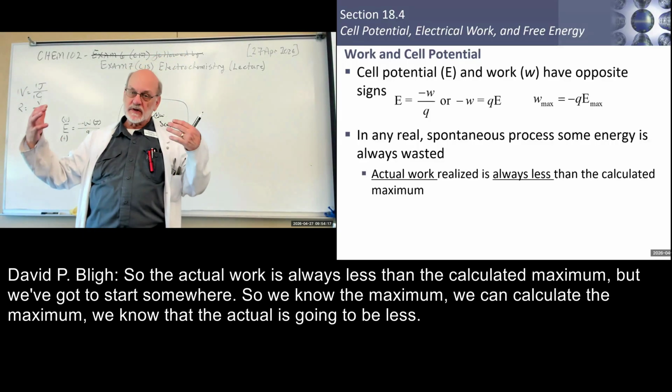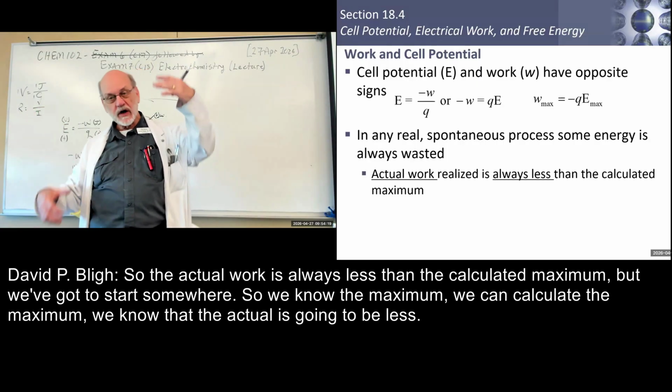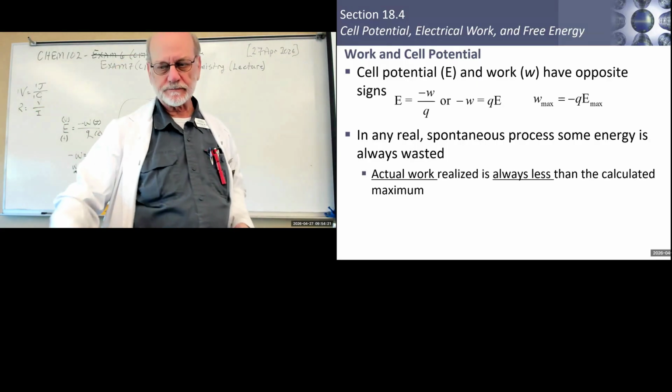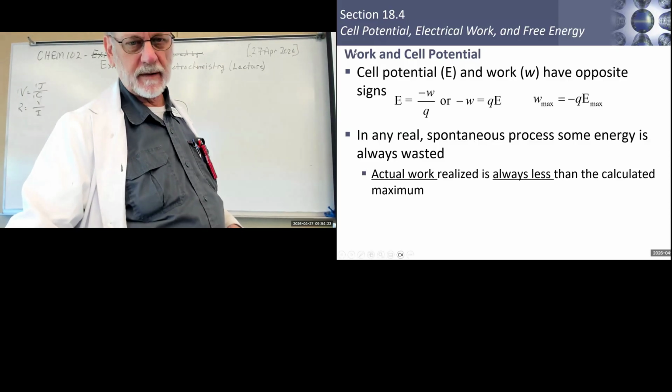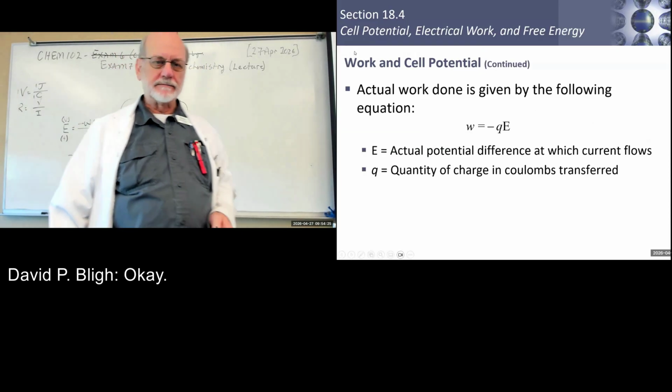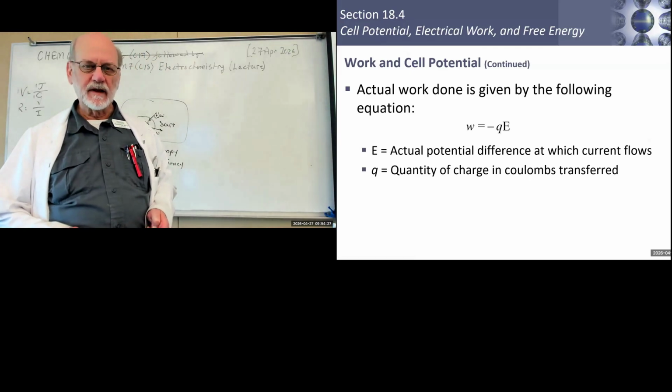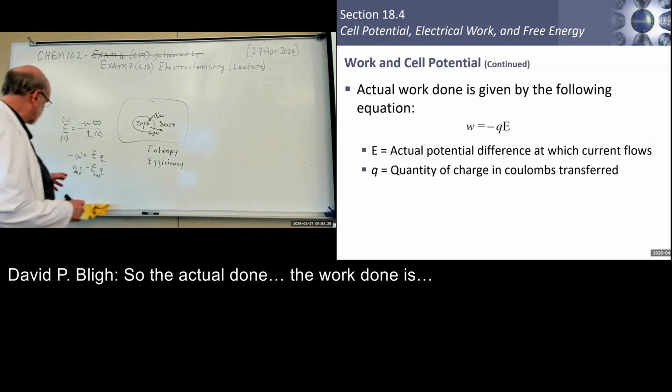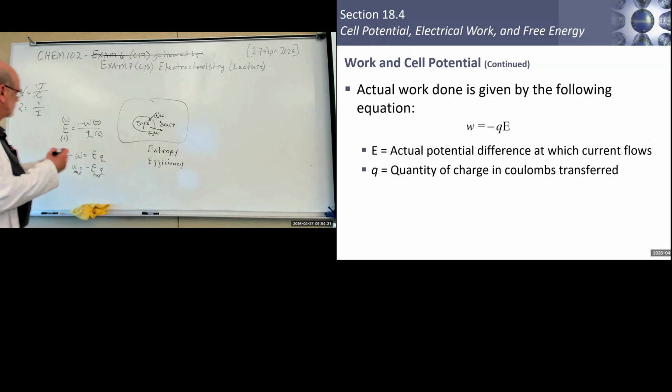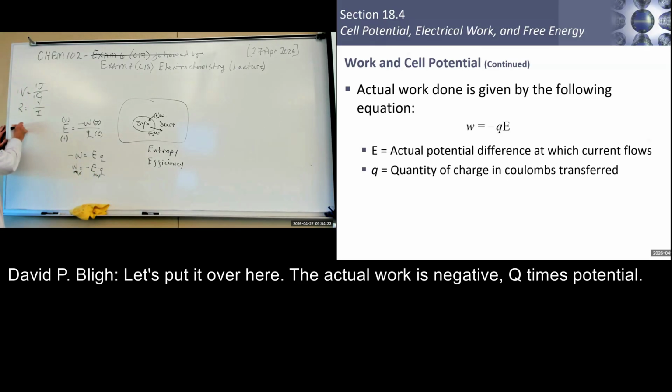We can calculate the maximum, and we know the actual is going to be less. Okay, so the actual work is negative Q times potential.